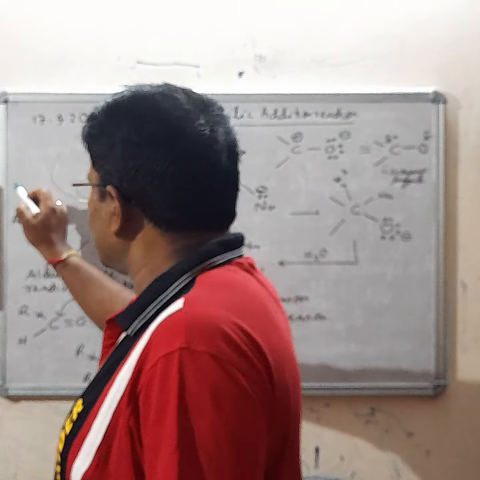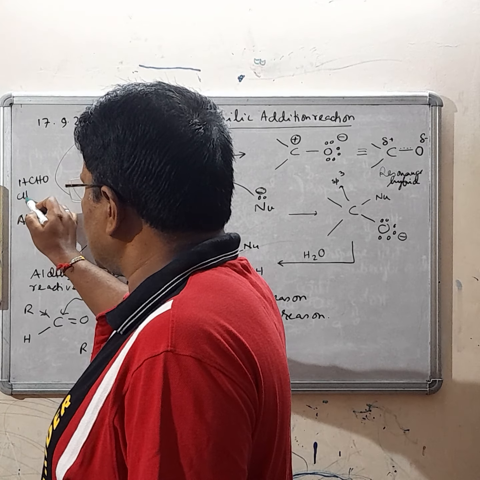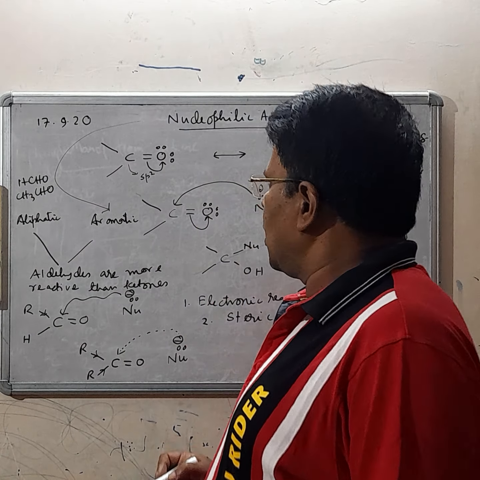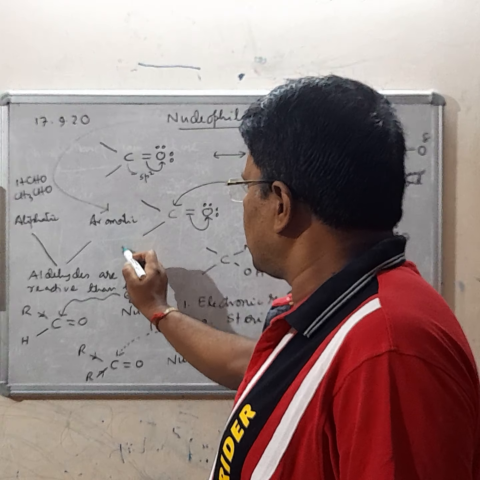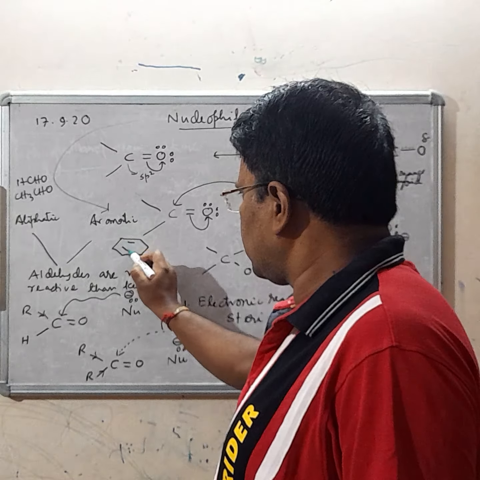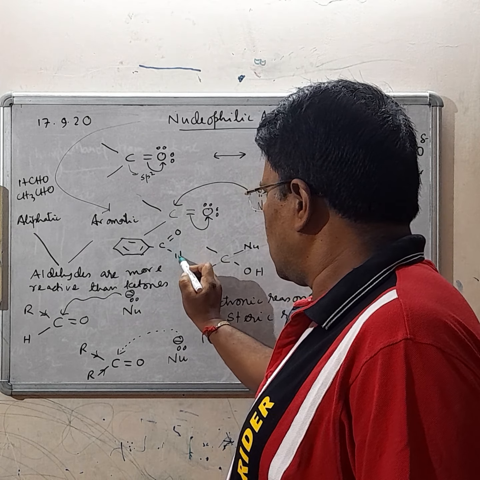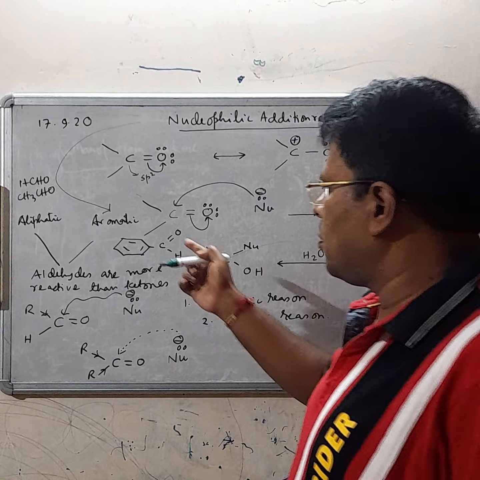An aliphatic aldehyde is HCHO or CH3CHO. These are aliphatic aldehydes. And an example of an aromatic aldehyde is benzaldehyde.